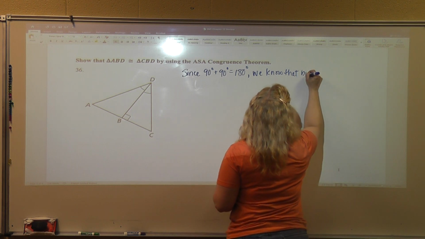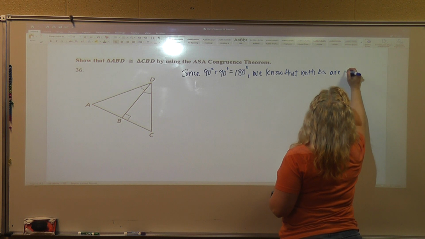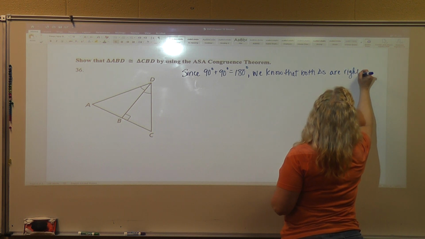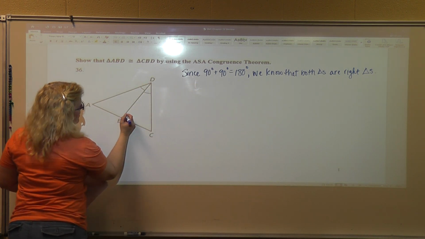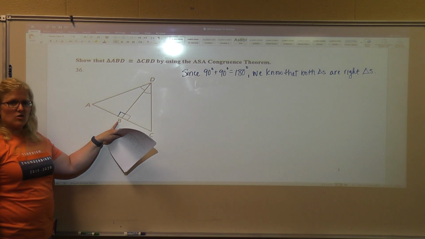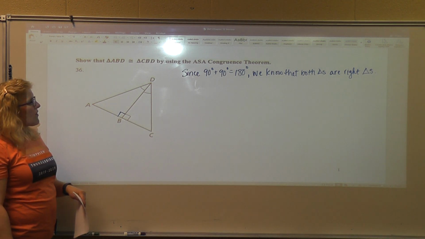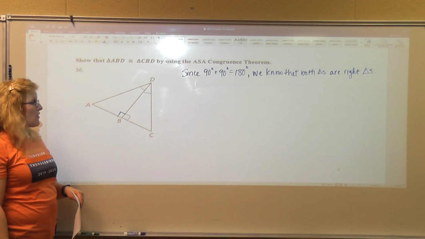Oh, that both triangles are right triangles. Okay, so we can put a little marking right there that shows it's a right triangle. All right, and we're showing this by the angle side angle congruence theorem.